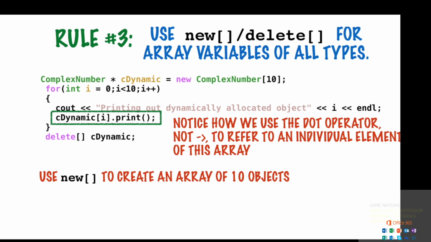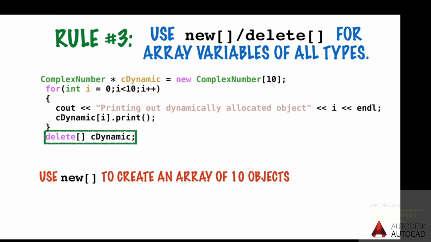It's not a pointer to an object. When we have a real object and not a pointer, we use the dot operator to access its member variables. If each individual element in the array had itself been a pointer, that's when we would use the arrow operator. We use the dot operator because each individual element in the array is an instance of the complex number class. It's not a pointer to an object of the complex number class.